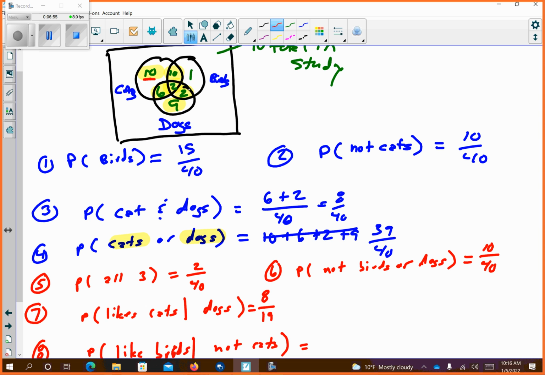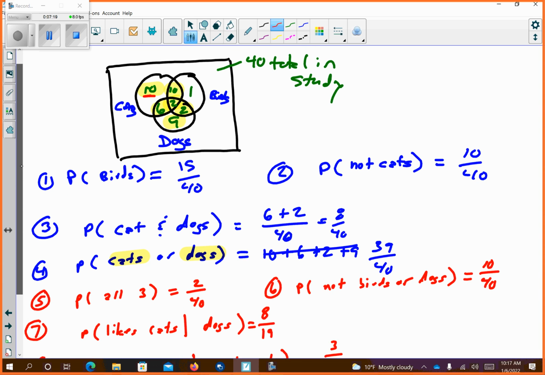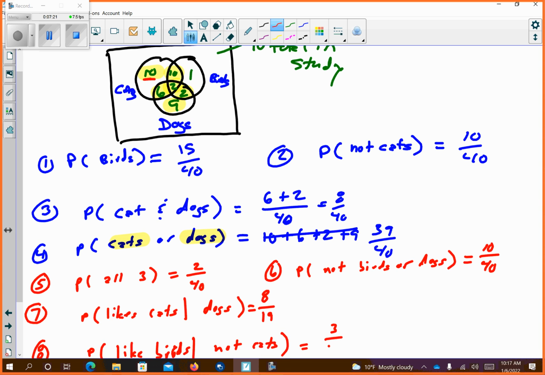So this 1 and this 2 is going to be our numerator. So that's they like birds. And then how many people are you talking about that they like birds but not cats? So we have to think about, we have the 10, 10, that's 28. 28 subtract 40 is 12. So you have 3 and 12.